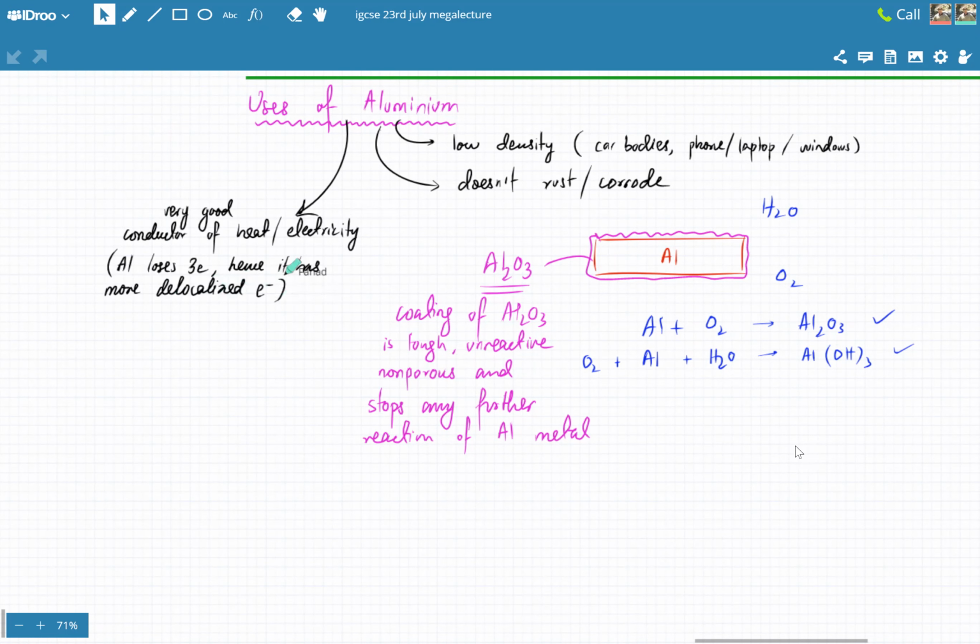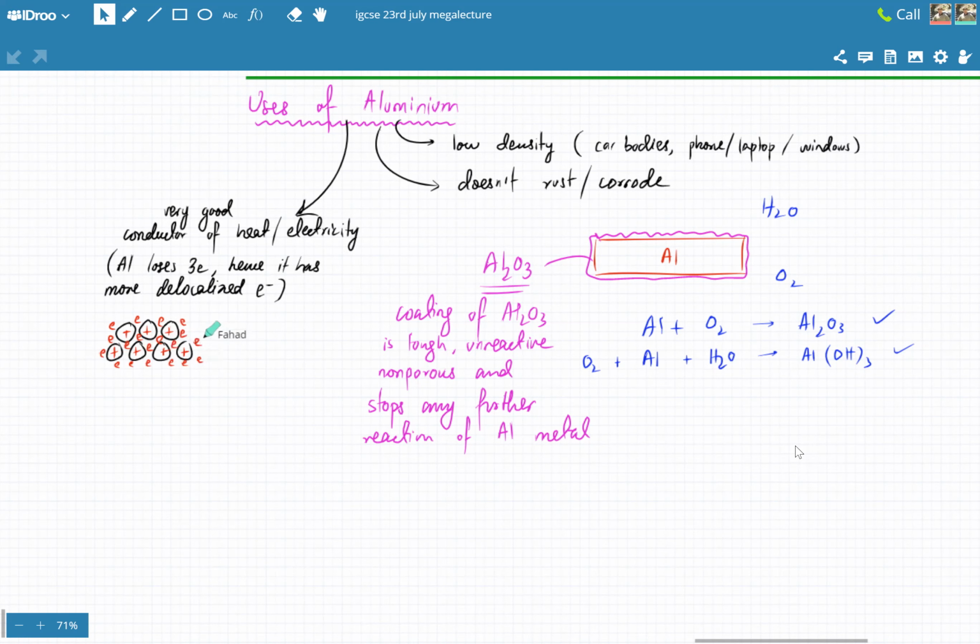And उसका जो structure होगा ना aluminium का, वही structure होगा metal वाला, positive ions in a sea of free moving electrons. But the only issue is कि because aluminium is losing so many outer shell electrons, there would be lots and lots of electrons, and those electrons are free to move any way they like.